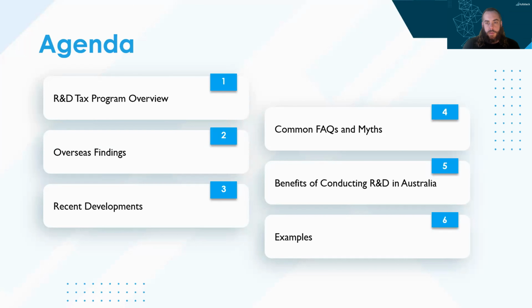So if you have further questions around the underlying eligibility, there are a lot of sources, and please feel free to contact us as well. We'll discuss overseas findings, what they are, when and why you need one. We'll touch very briefly on some recent developments around overseas activities, address some common FAQs and myths, cover the benefits of conducting R&D in Australia, and provide some examples at the end.